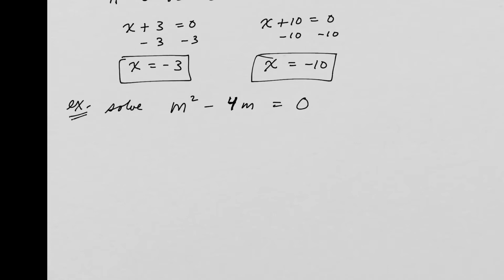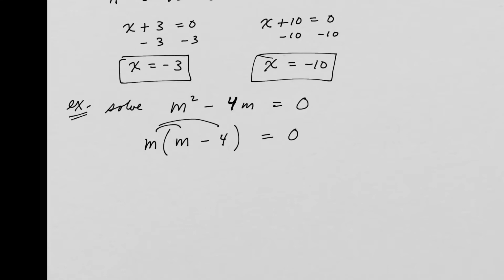So if I look on the left-hand side, it looks like an m, right, is common to both terms. So I can factor that out front, and I'm left with what? Well, to get m squared, I need m times m. And then to get negative 4m, I need a negative 4, right? Because if I were to distribute this m back in, I'd get what I started with, right? M squared minus 4m. So that must be the factorization.